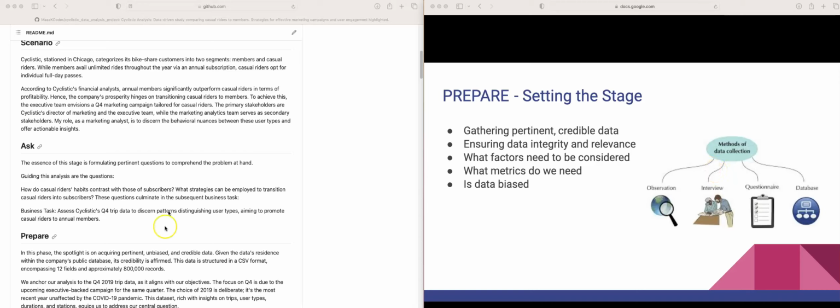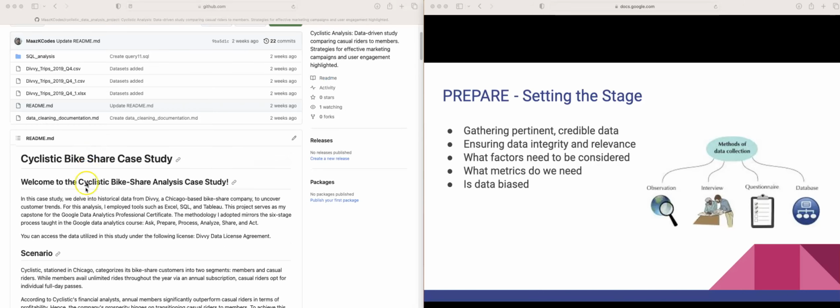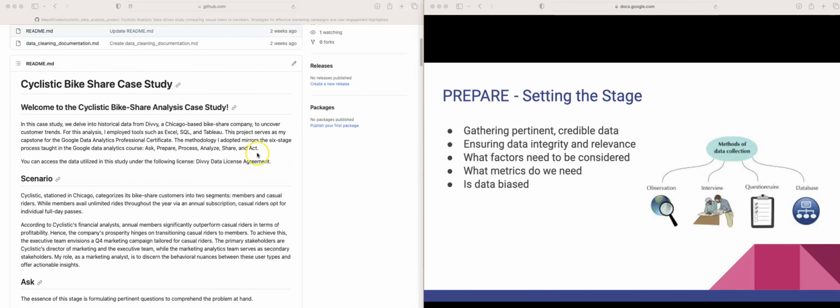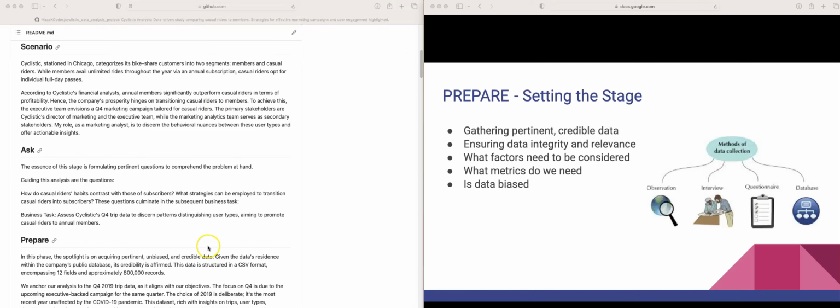Now, database. This is where I got my data from, using the licensing agreement from the Divvy Data License Agreement, which is an actual bike share company in Chicago. I was able to get real data. And the method that Google provides is data sources ROCCC.